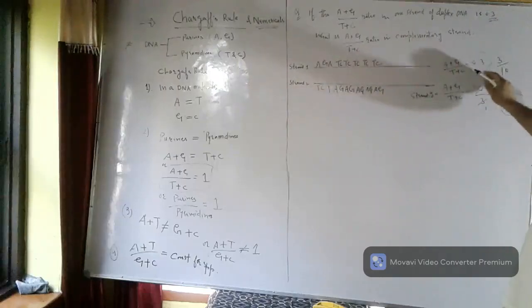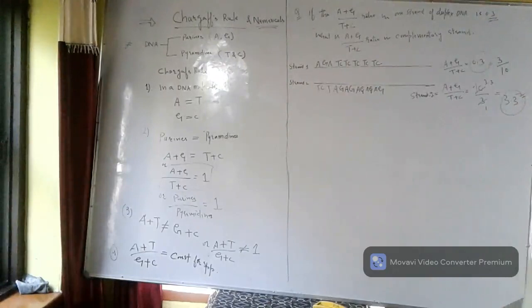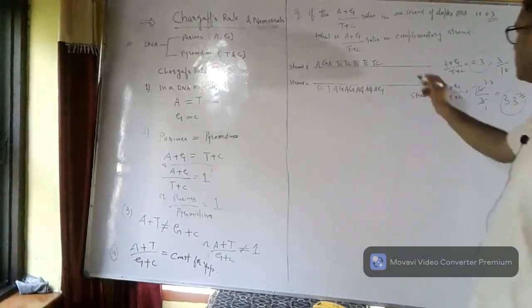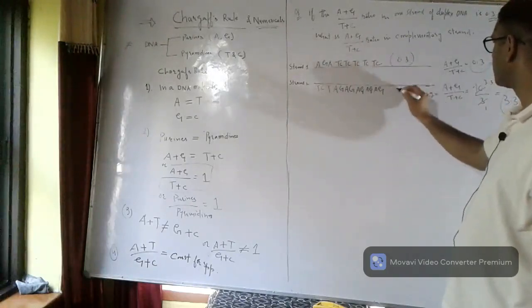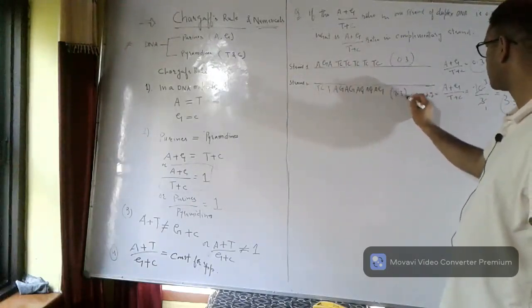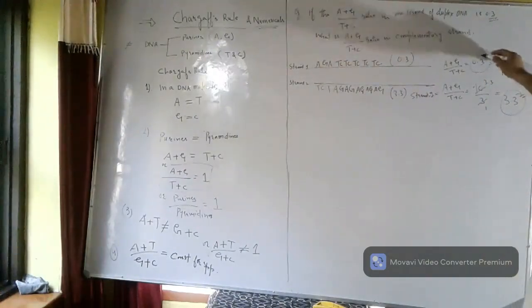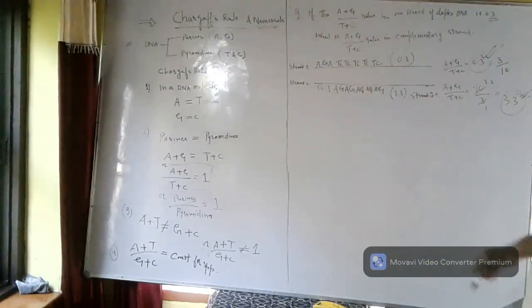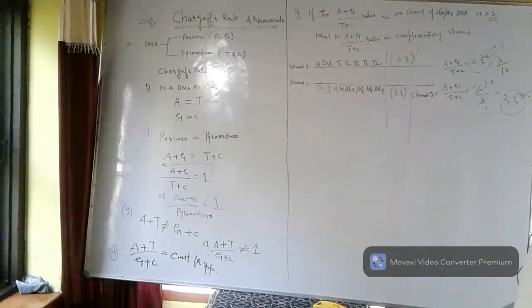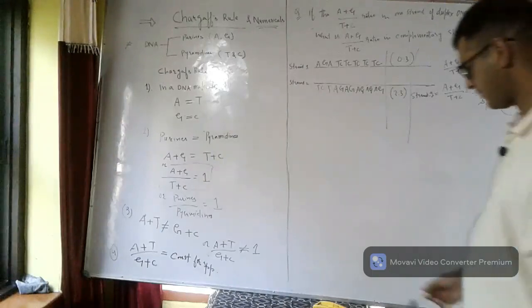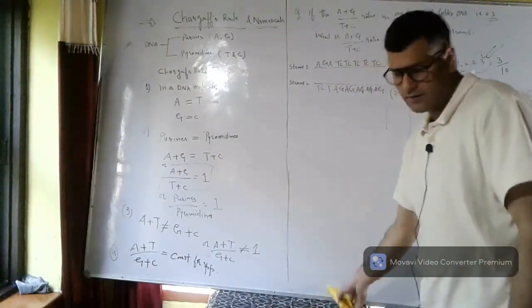So this was 0.3 and this is 3.3. We have calculated it: it is 0.3 in one strand and 3.3 in the complementary strand. We have completed this numerical.